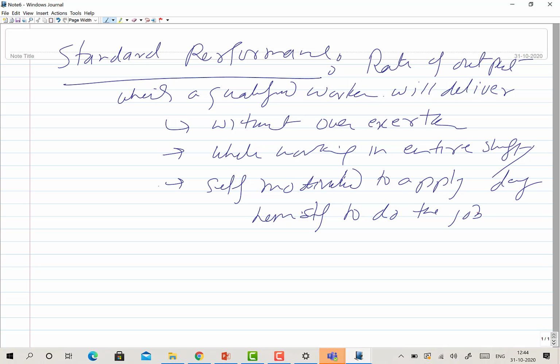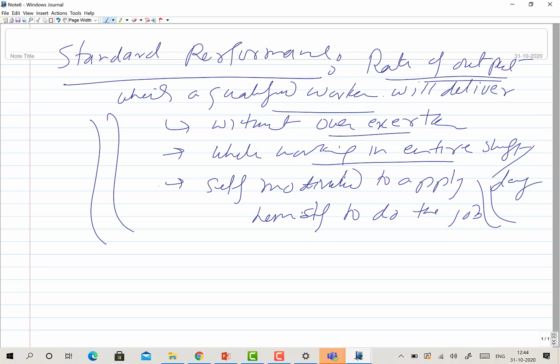Whatever is the time or output being given by a qualified worker without any overexertion, exerting himself in such a way that he can apply himself throughout the shift or the day, and he is motivated enough to apply in the best possible way to complete a job, that time or that output is rated as 100%.